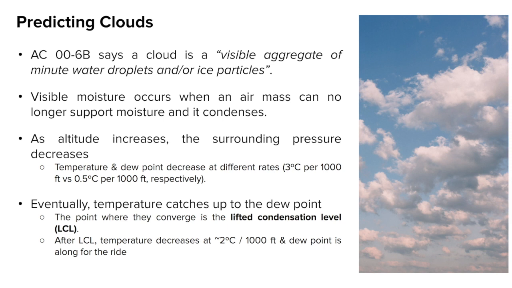Okay, so as we increase in altitude, the surrounding pressure will decrease, and with that, we're all taught that we lose temperature as we go up in altitude, because as the air expands, it also cools as it expands.